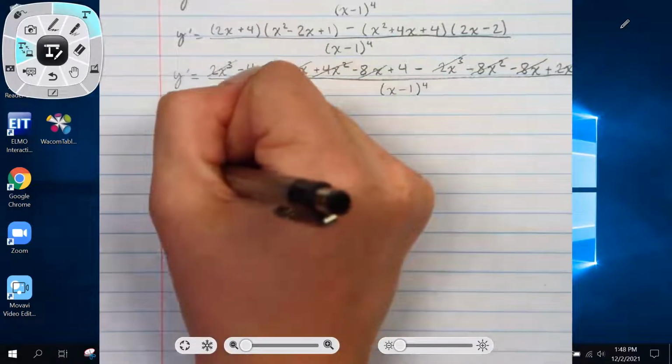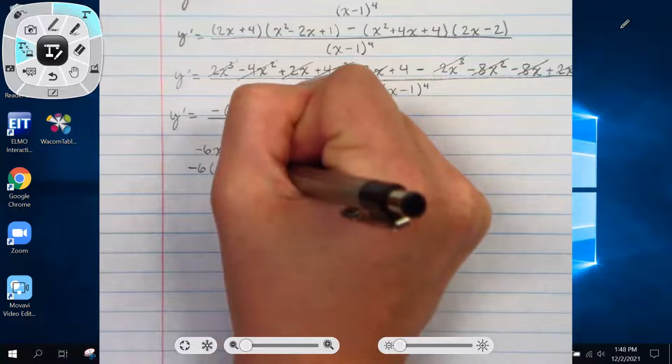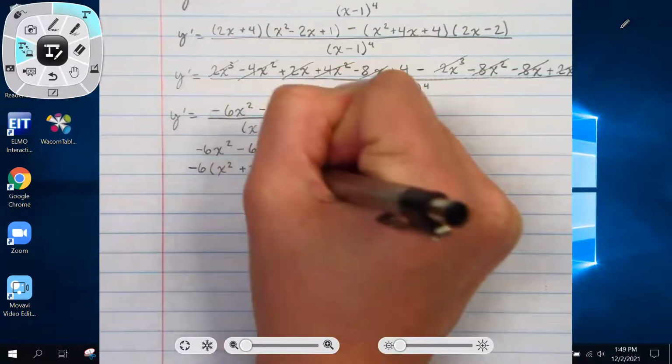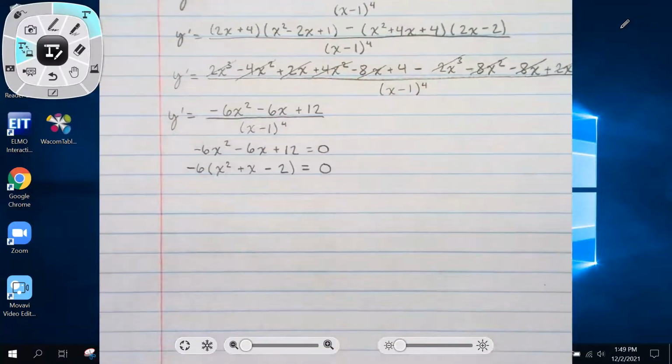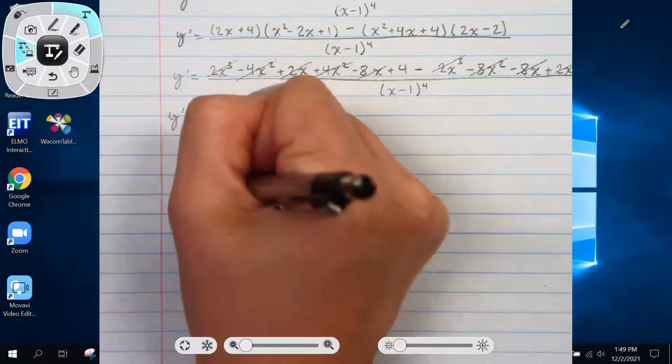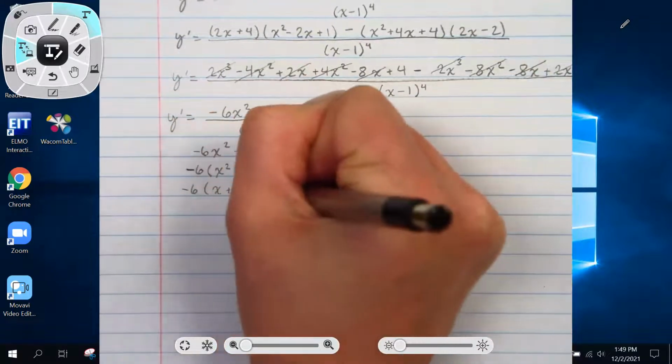We can factor out a negative 6. We get x squared plus x minus 2. Factor this quadratic, x plus 2, x minus 1.